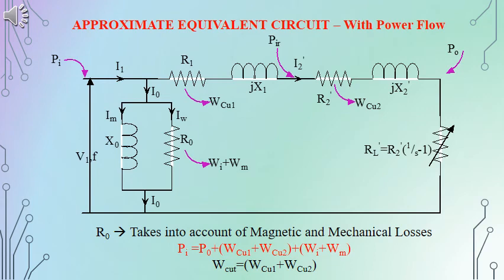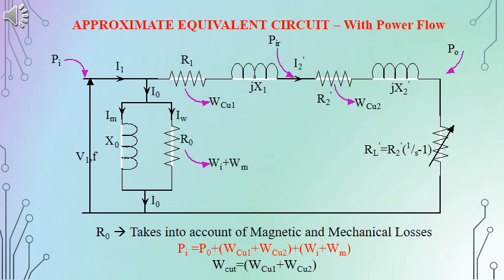PIR is the air gap power. WCU2 is the rotor resistance loss, and P0 will be the output that is available from the machine, the actual output.